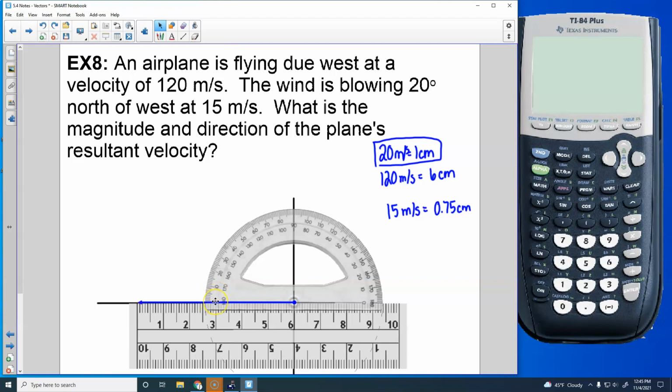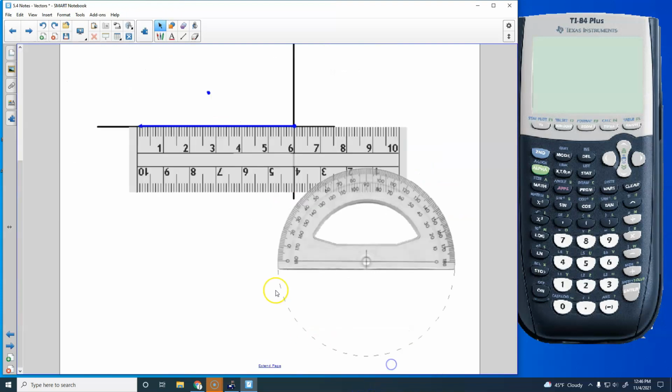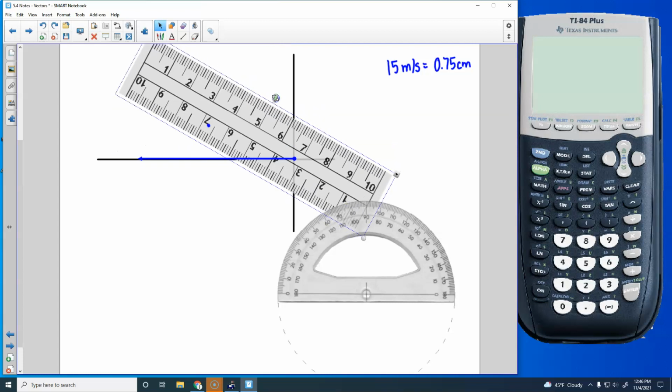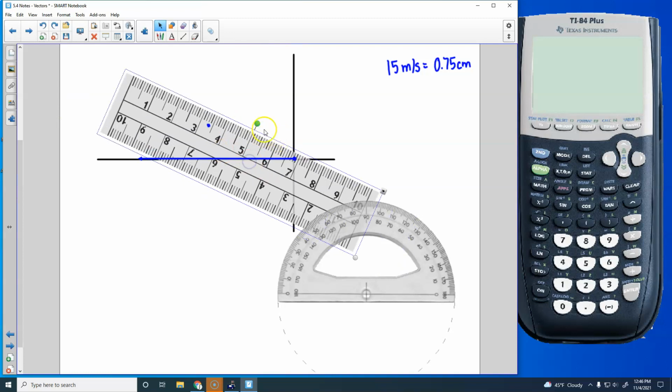So right here, because that 0 is on the westward component, which I'm looking at, I'm going to use those outside numbers this time, and I'm going to put a dot right here at 20 degrees. And then I will take this and try to line it up.